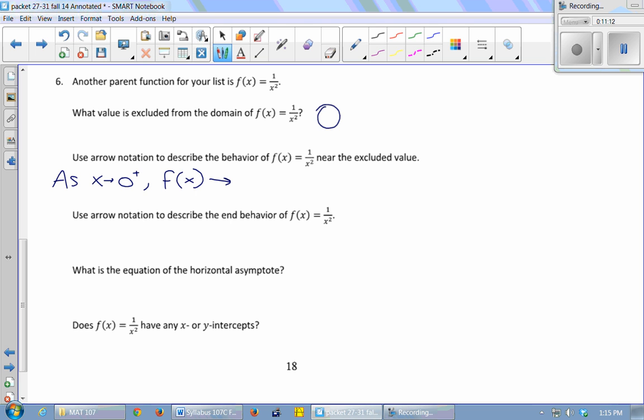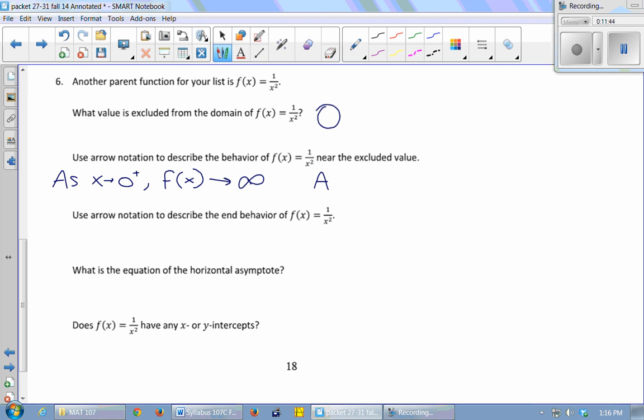It gets big. If you have a small denominator, then the fraction is going to get really big. Like 1 divided by 0.1 is 10. 1 divided by 0.01 is 100, right? So as you make denominators smaller, the value of the fraction gets bigger. So this thing is going to approach infinity.